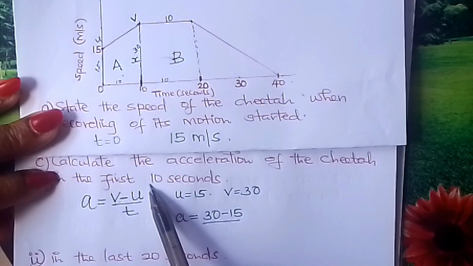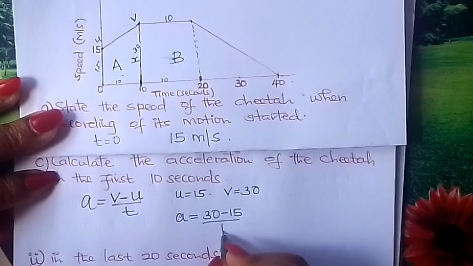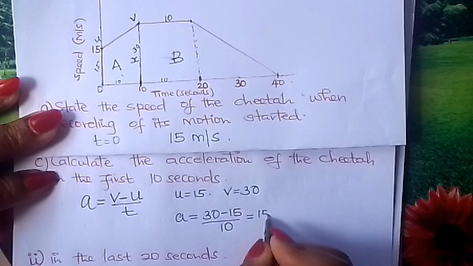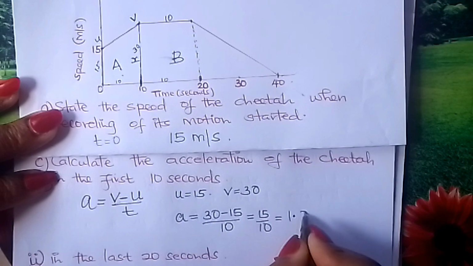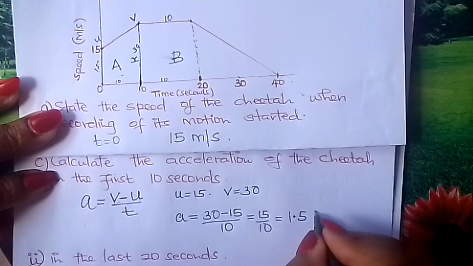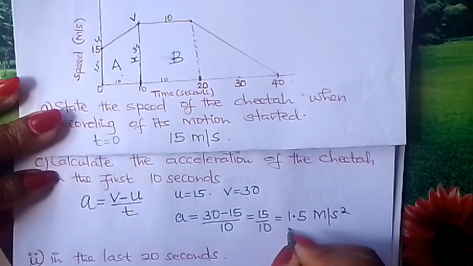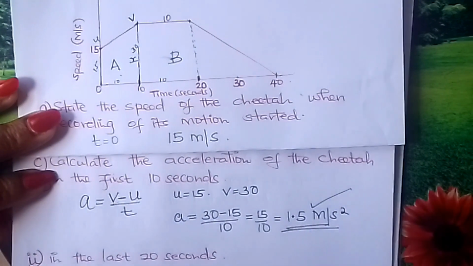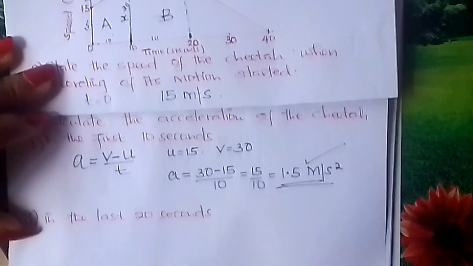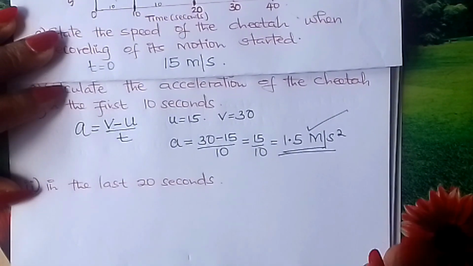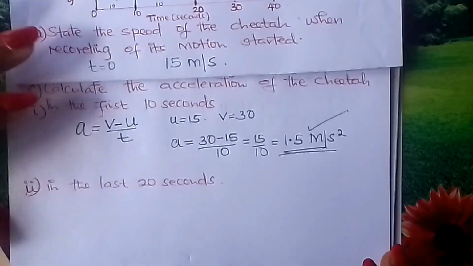We are talking about the first 10 seconds. So this gives us 15 over 10, which is 1.5 meters per second squared. This is our acceleration in the first 10 seconds, learners. I hope we are together.